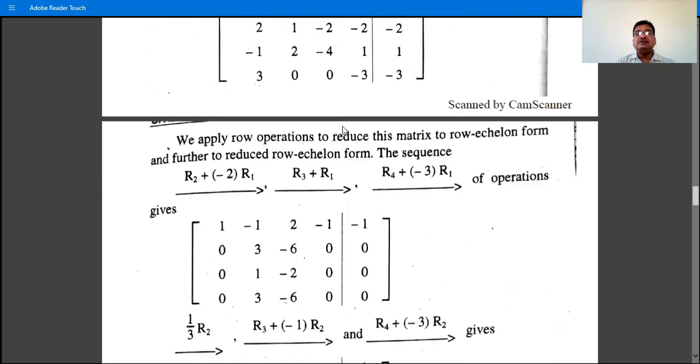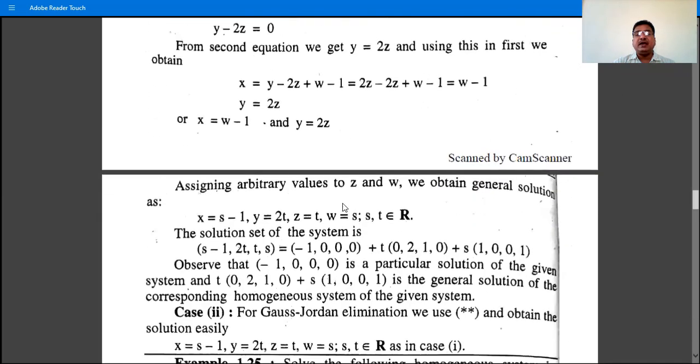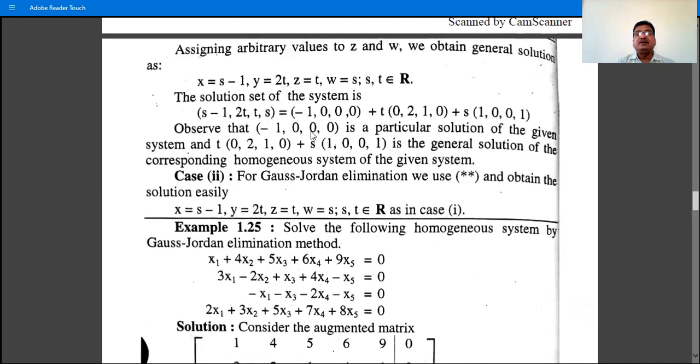If you find its solution, we have it in this form: t times (0, 2, 1, 0) plus s times (1, 0, 0, 1) is the general solution of the corresponding homogeneous system. So this total is what?